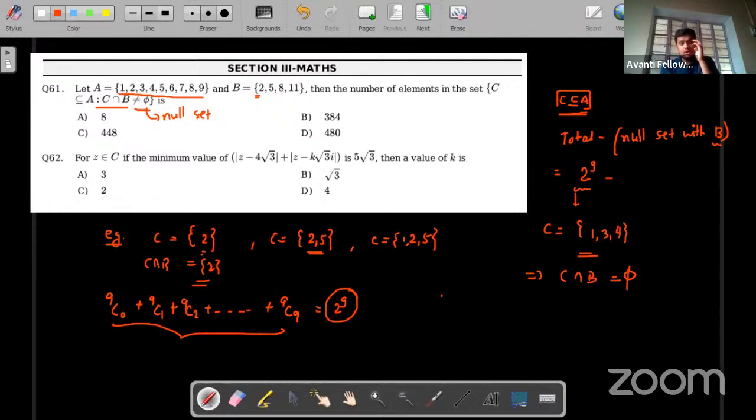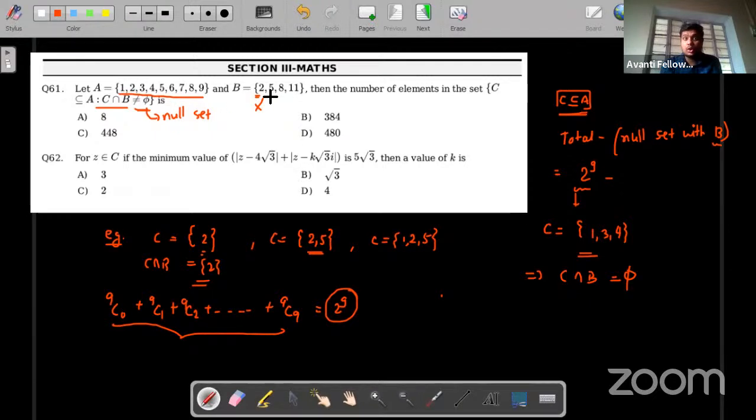So using this concept, we should take those elements from A such that the intersection with B should be a null set. So we should not take 2, because if I take 2 from here, there will be 2 common.